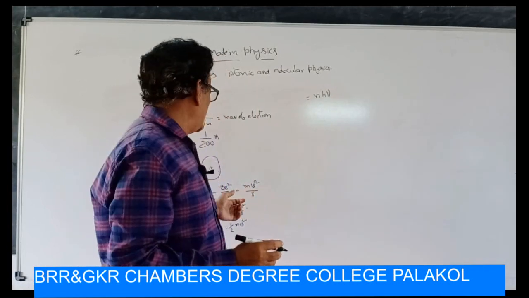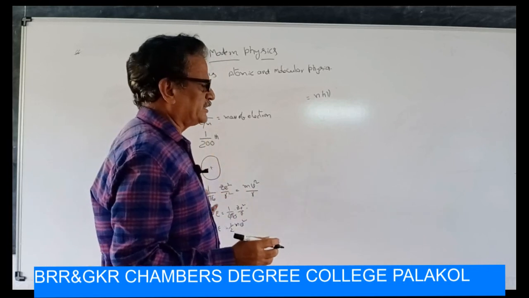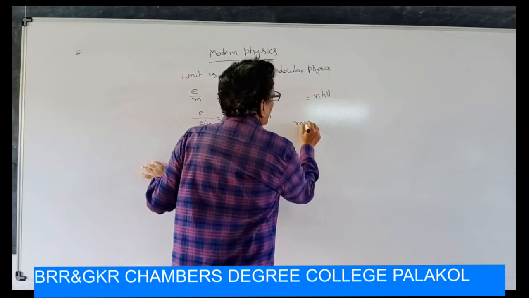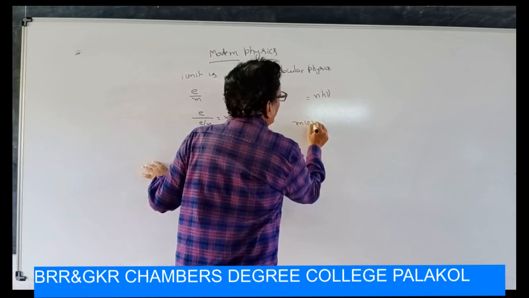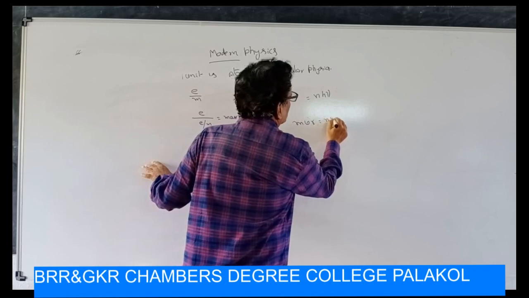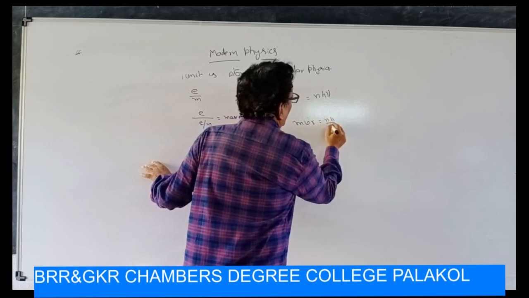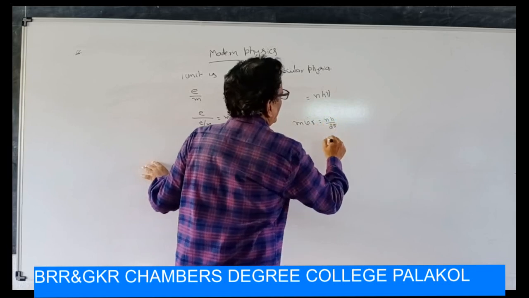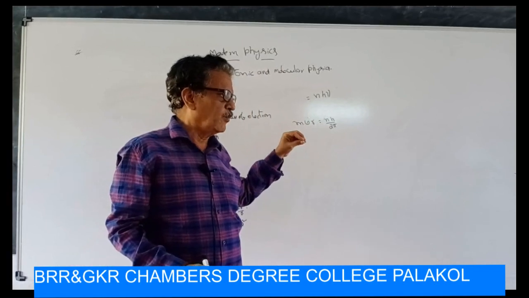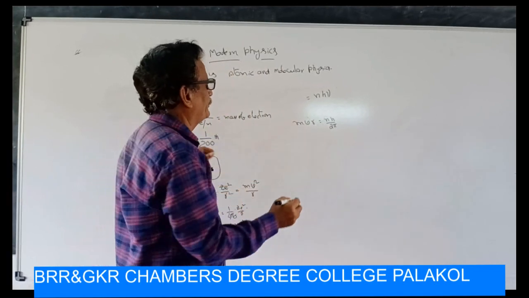As long as the electron revolves in the stationary orbit, its angular momentum mvr is equal to nh by 2 pi. Here, angular momentum means moment of momentum.